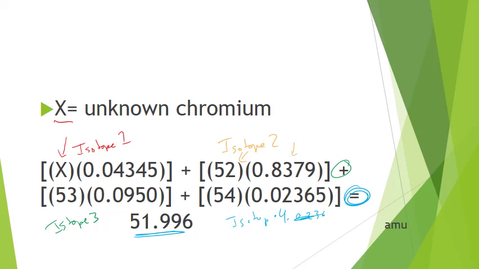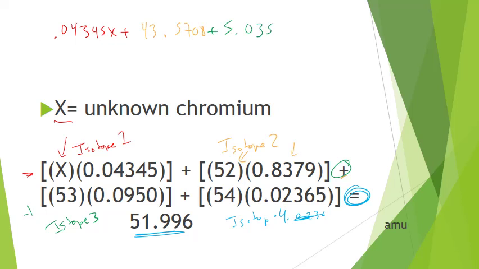Start with isotope 1, so it's 0.04345x plus, go on to our next one, and I don't have all these numbers pre-worked out, so I'm going to solve them right now. 52 times 0.8379, so that's isotope 2, so it's plus 43.5708, plus isotope 3, which is 53 times 0.0950, which is 5.035.